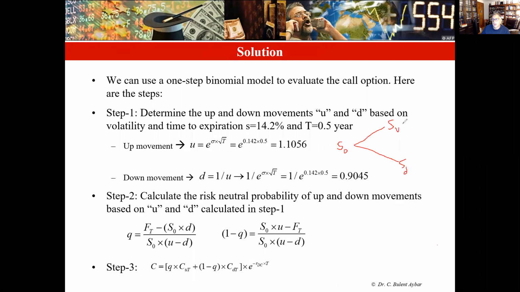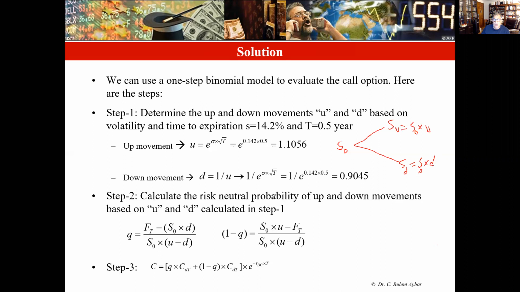The up value is equal to S0 times U that we calculated in here, which is 1.156, and SD is equal to S0 times the D value that we calculated in here.